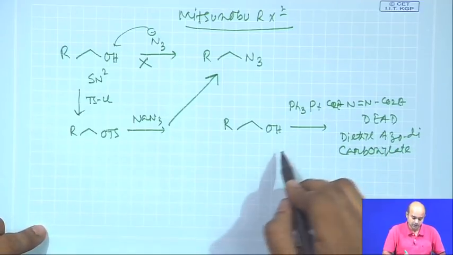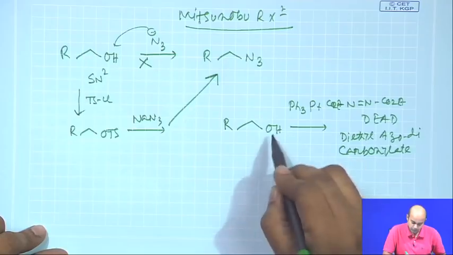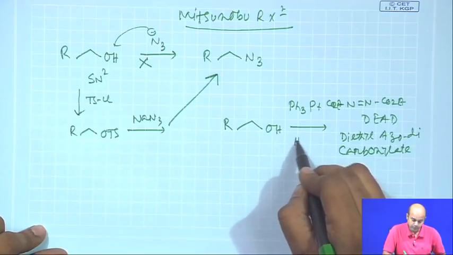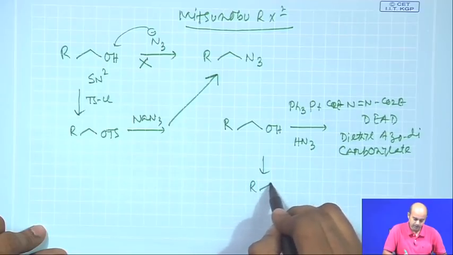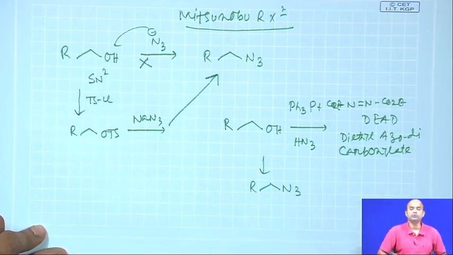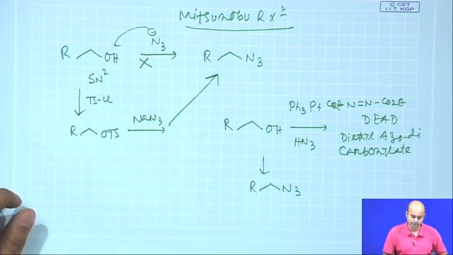Now, in the Mitsunobu reaction, you can put in your nucleophile, you can even put hydrazoic acid, HN3, and you will get N3. Now, Mitsunobu reaction takes care of a very important aspect.